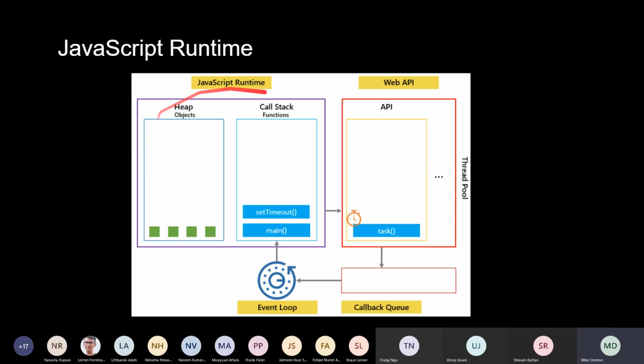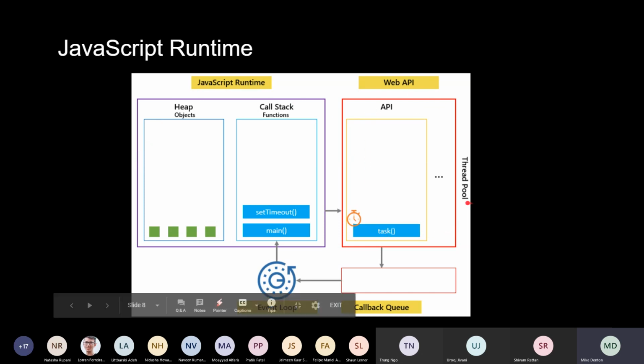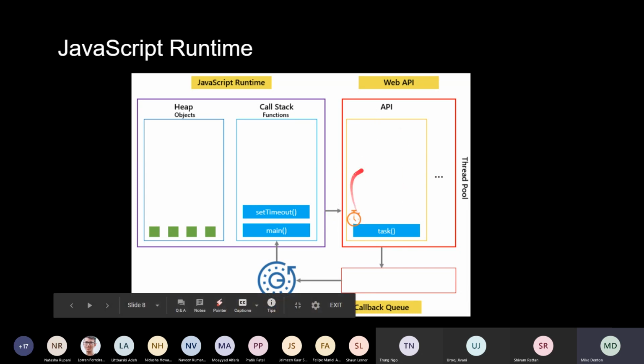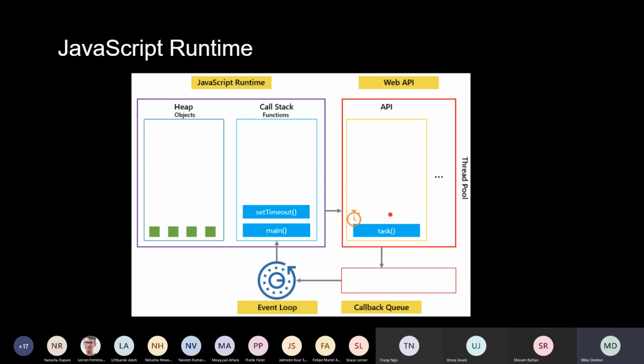So if you look at it, we're using this web API now. So this is JavaScript here, which is synchronous, but we're using this web API that has the set timeout in it. So it allows us to act asynchronously by deferring tasks to a queue.